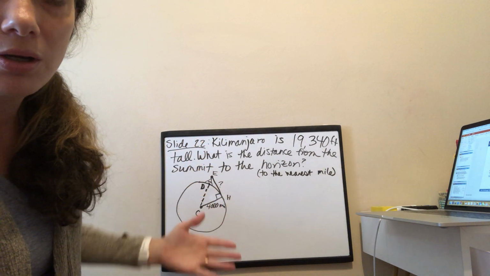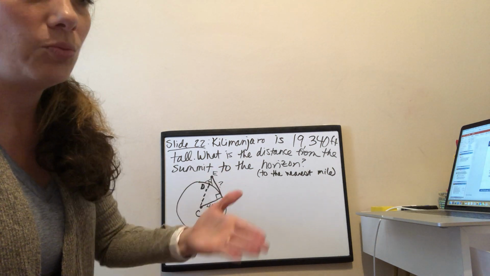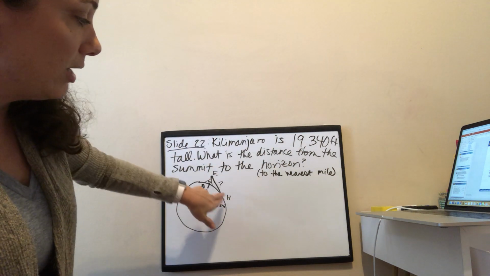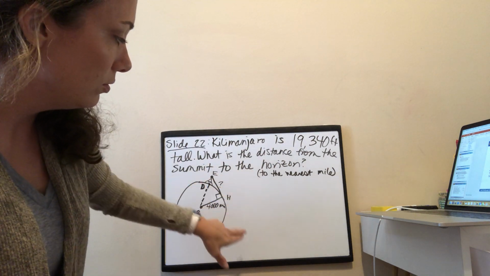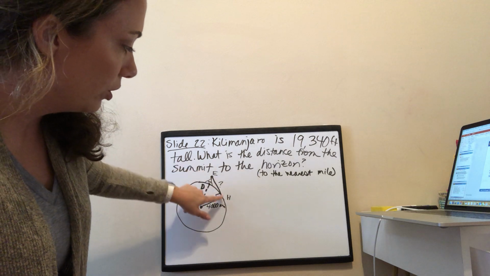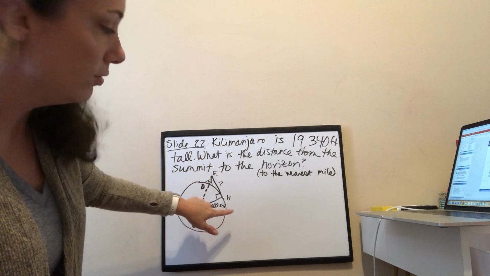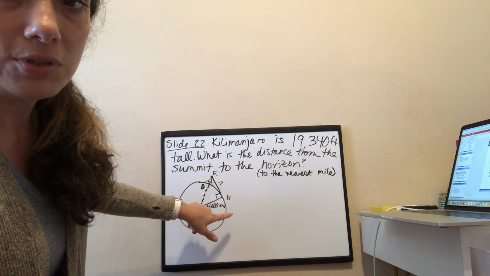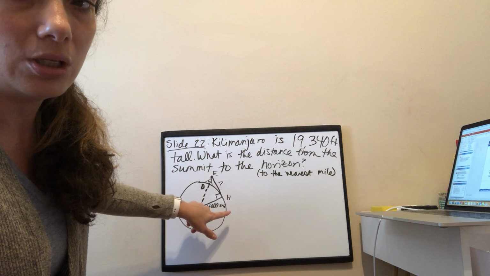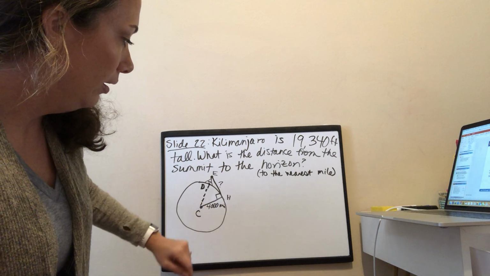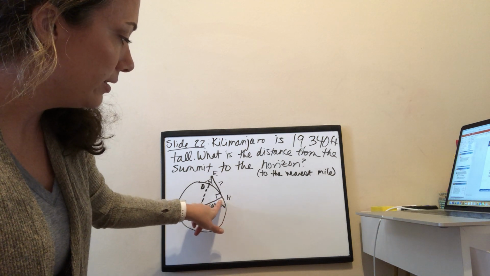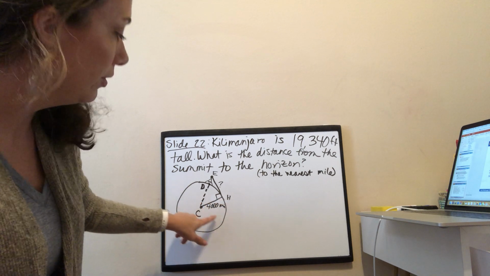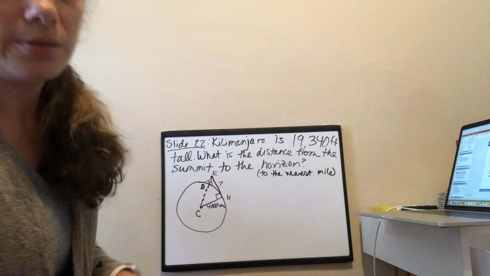The horizon is, as we know it, when the sun is coming up over the Earth. So you're at the top of the mountain and you're looking down at the surface of the Earth. So this line of sight is going to be your tangent line that meets with your radius at a 90-degree angle. And the radius is the distance from the center of the Earth to the surface.